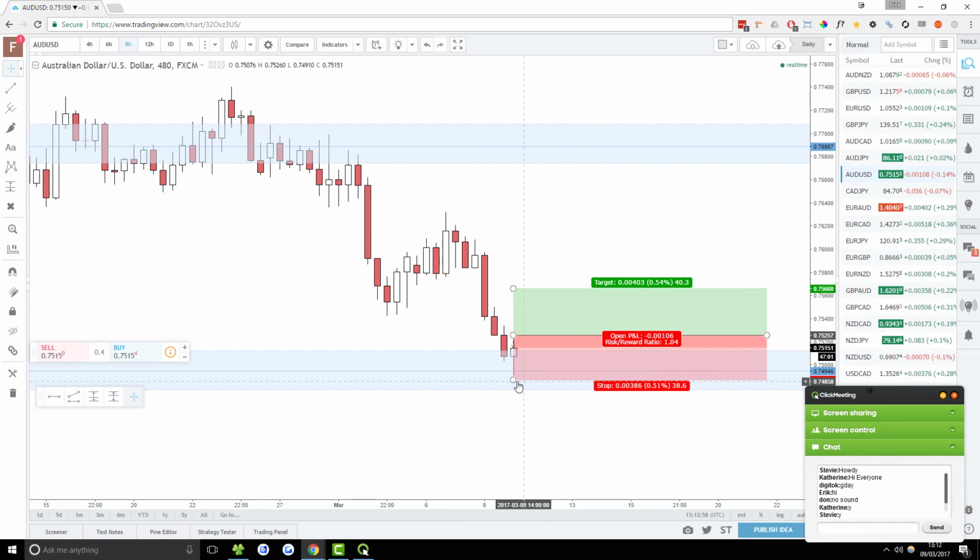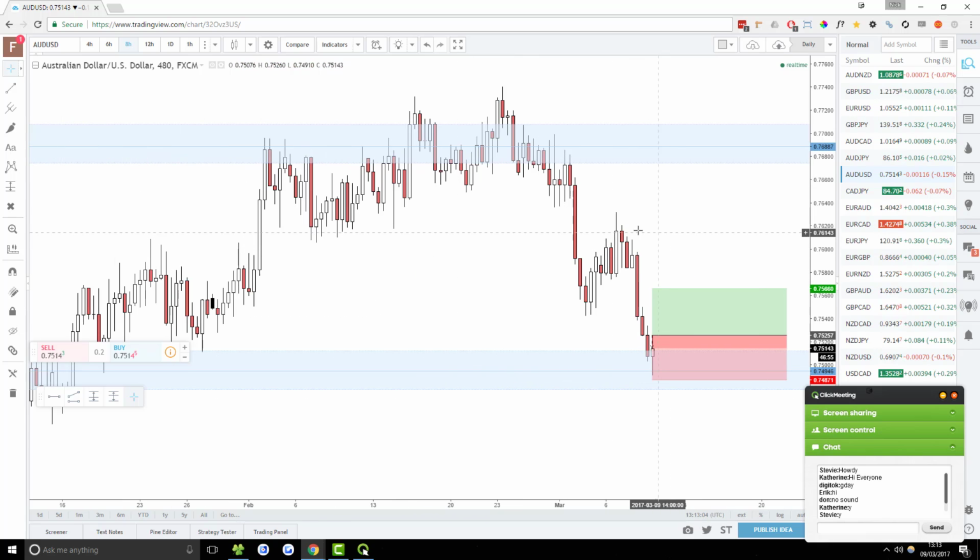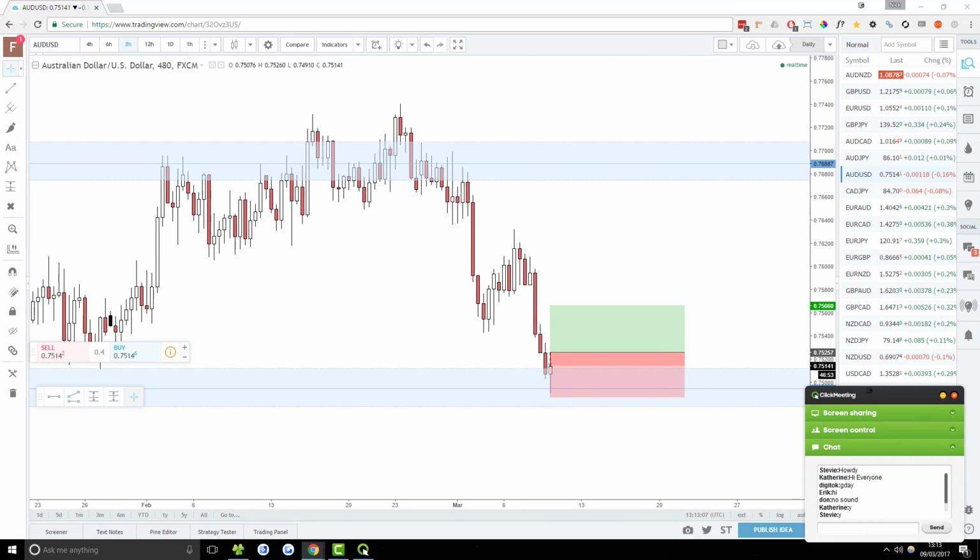That's a very tight entry and a tight stop loss, but I'm just putting it there for now to illustrate this point. Price breaks above, we immediately enter. Not the smartest thing, but let's say as soon as it breaks above the very tip of that indecision candle, we enter.